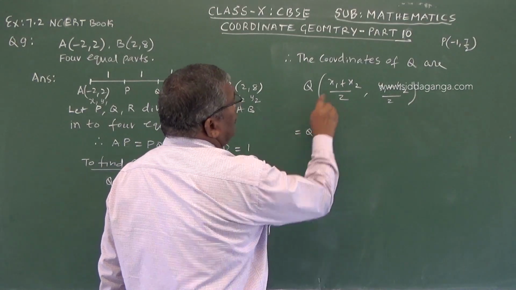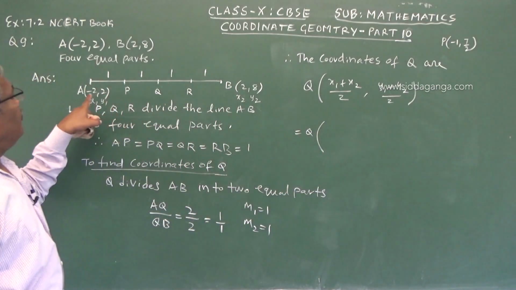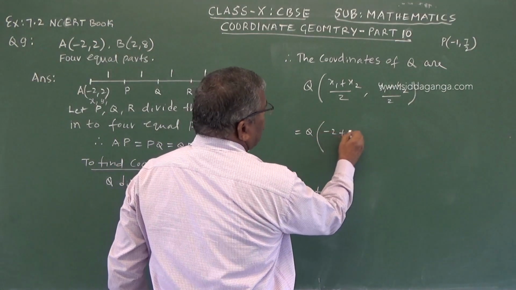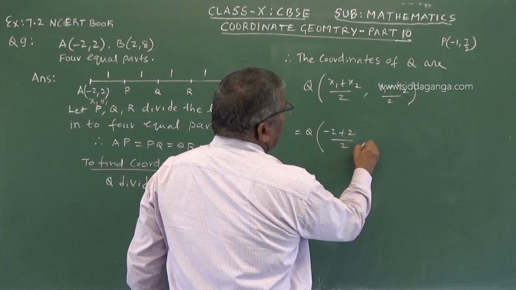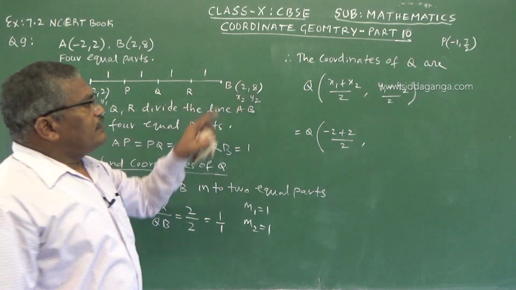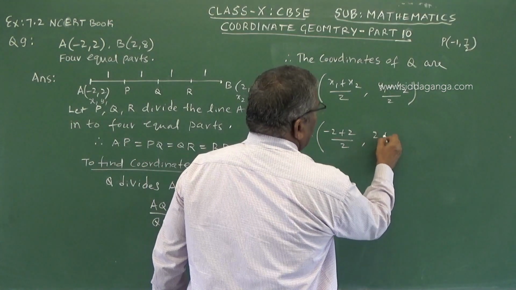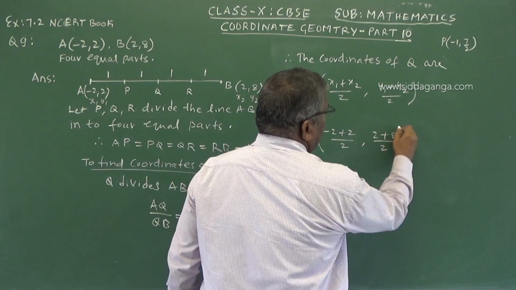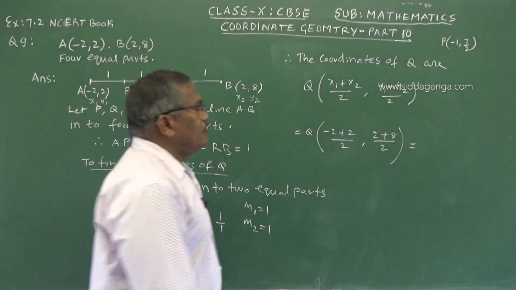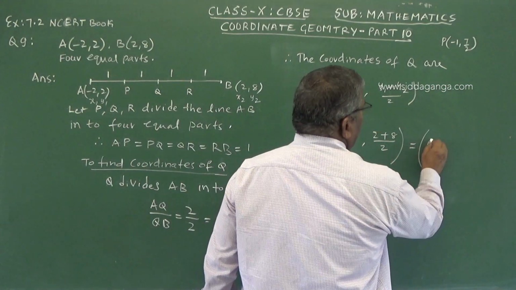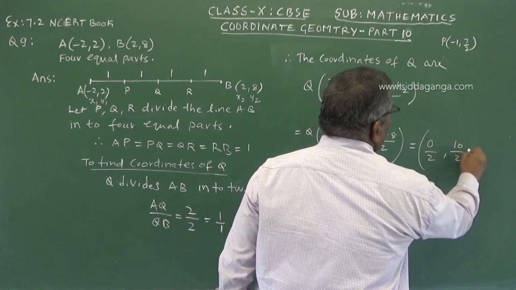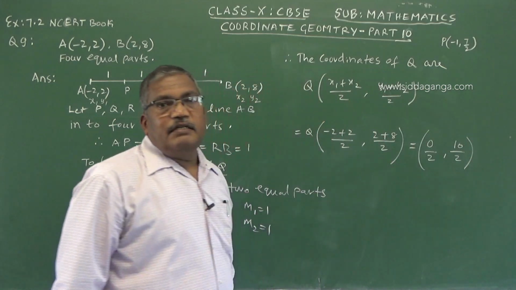Therefore Q equals x1 here is minus 2, x2 is plus 2, so minus 2 plus 2 divided by 2, comma y1 plus y2, 2 plus 8 divided by 2. This equals minus 2 plus 2 is 0, 0 divided by 2, and 2 plus 8 is 10, 10 by 2.